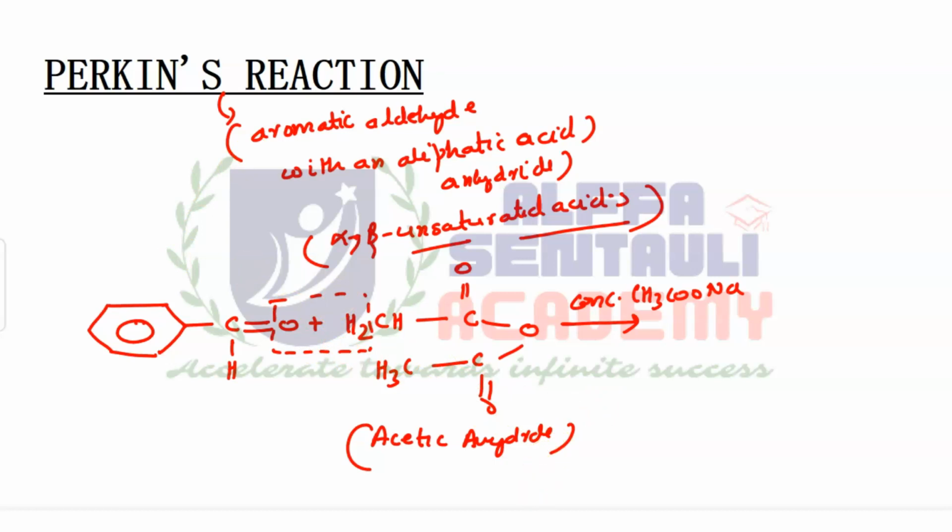The rest of the things are not important as far as your board exams are concerned. You can complete this reaction on your own, and whatever compound you get, name it an alpha beta unsaturated acid. Since we are using sodium acetate, there will be formation of water plus acetic acid plus this compound.